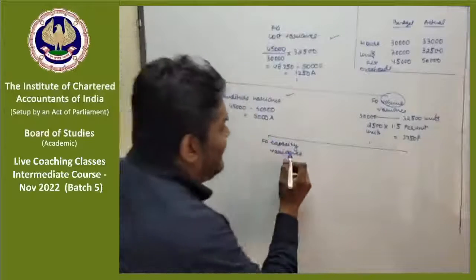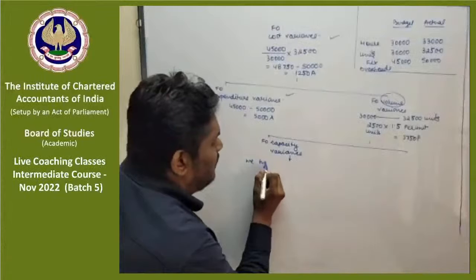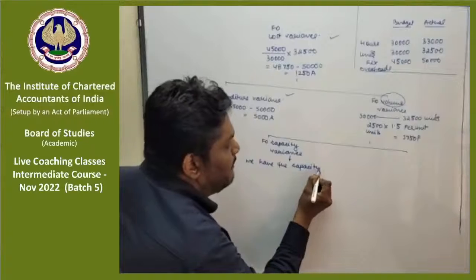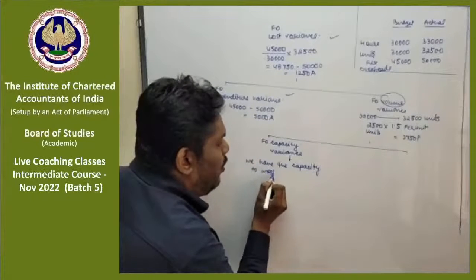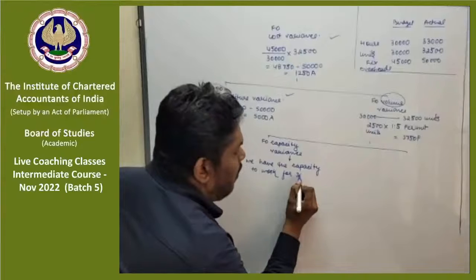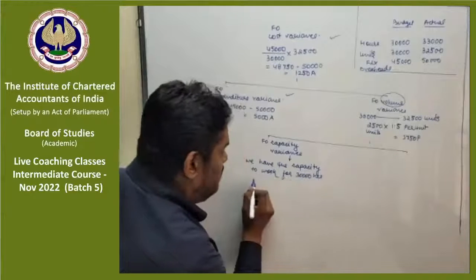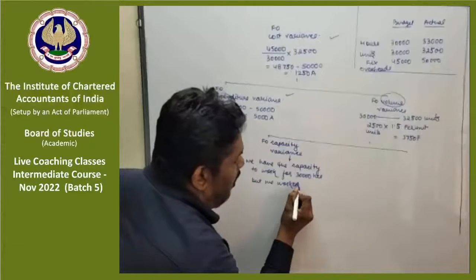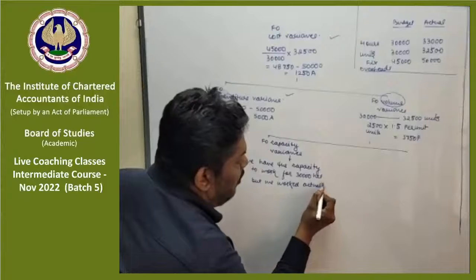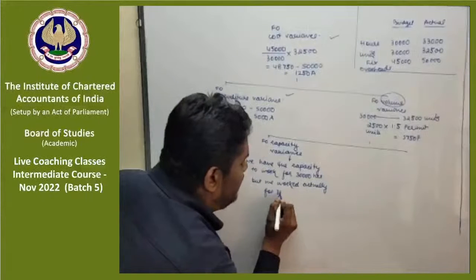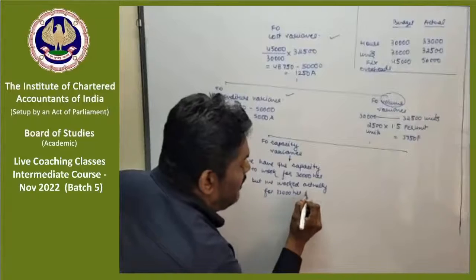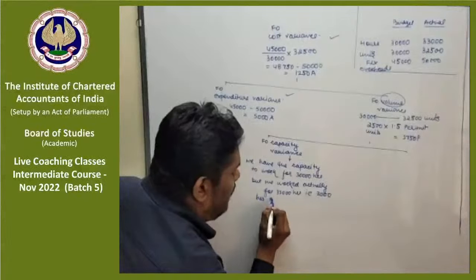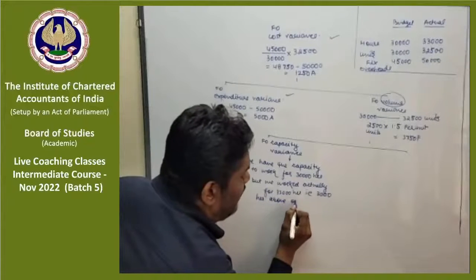I repeat again, I am writing this explanation. We have the capacity to work for 30,000 hours, but we worked for 33,000 hours. That is 3,000 hours above our capacity.